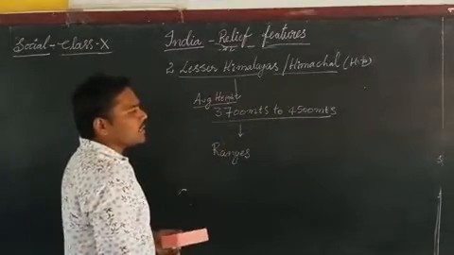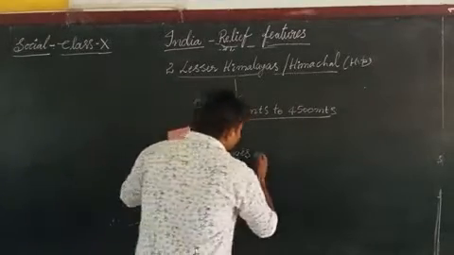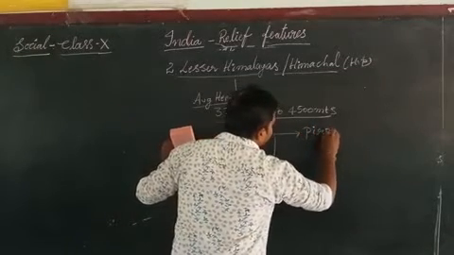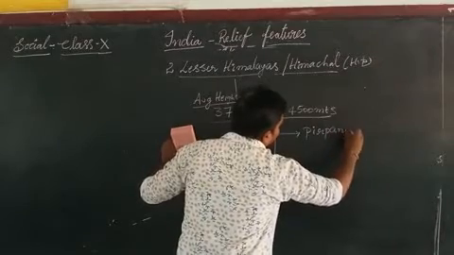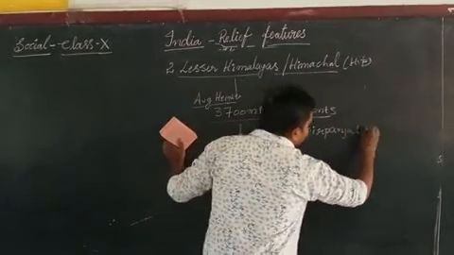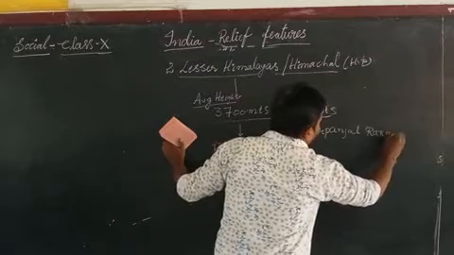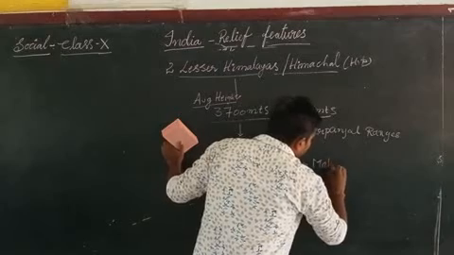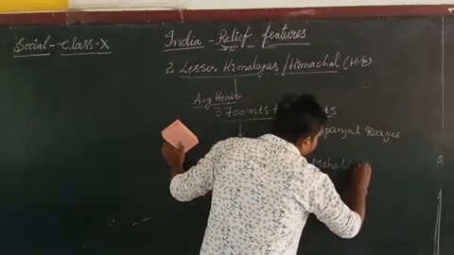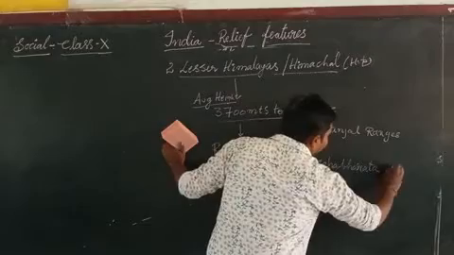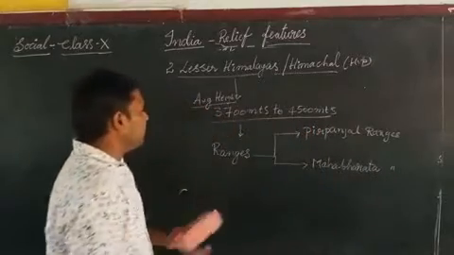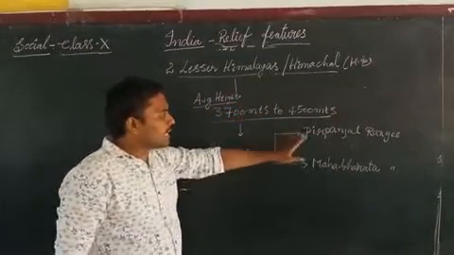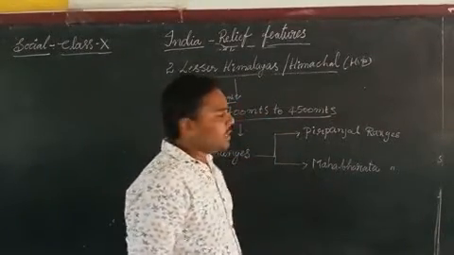The Lesser Himalayas has the famous Pir Panjal ranges, and the second one is Mahabharata ranges. The famous ranges located in the Lesser Himalayas are the Himachal, Pir Panjal ranges and Mahabharata ranges.